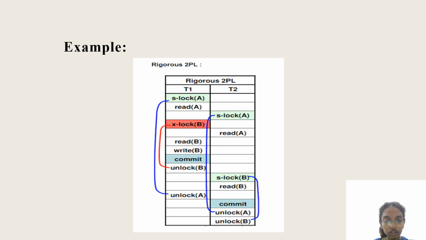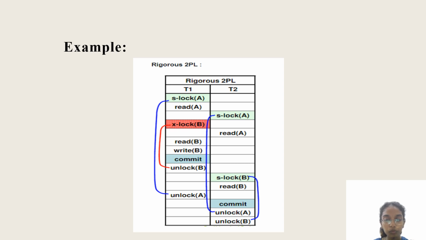Then T1 releases its locks on B, and T2 commits and releases its lock on A. We can see here that T1 has locks on A and B, and T2 also has locks on A and B.